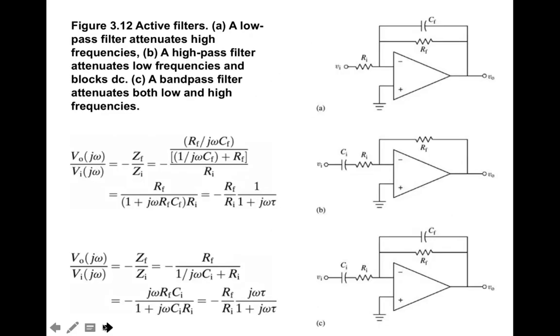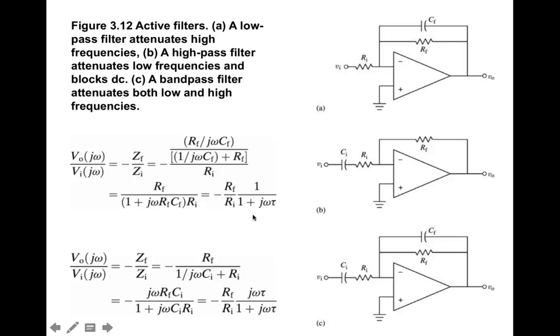So here are 3 different filter circuits. The low pass filter basically attenuates higher frequencies, and it's shown in figure A. This is the configuration. What we refer to as transfer function as a function of frequency is given by Vout over Vin. And so you can see we have this constant RF over Ri, that was our original inverting amplifier, showing up.